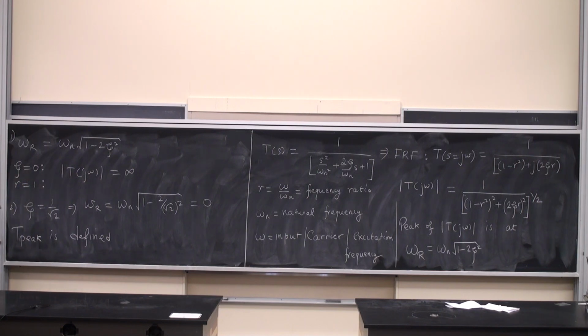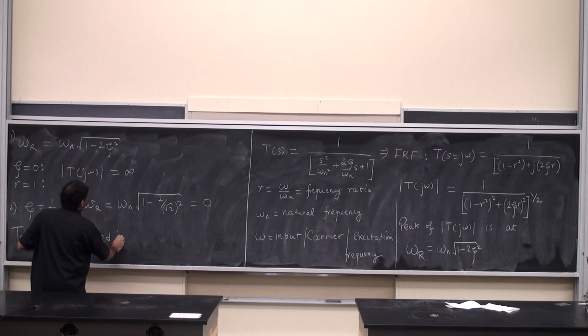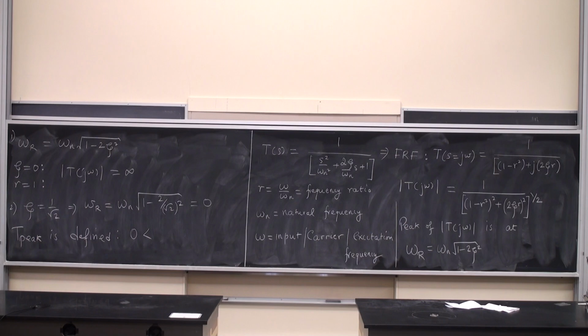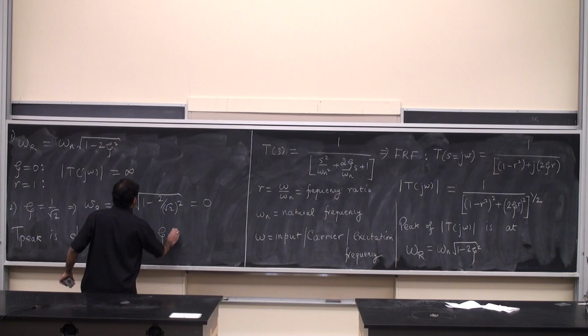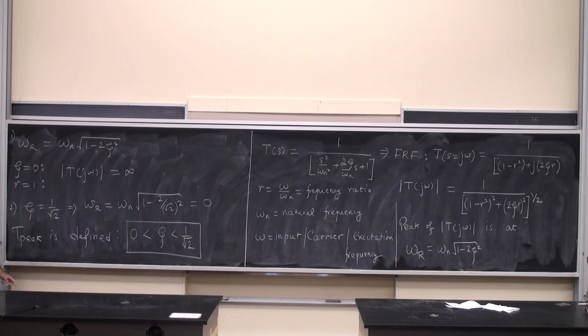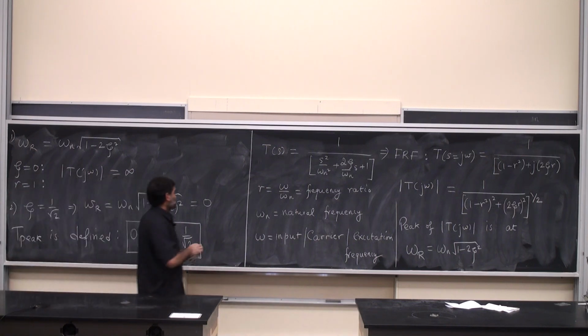So nobody wants zeta to be 0, and you cannot have zeta to be 0 because you cannot break the laws of thermodynamics. You can go past 1 by root 2, no harm done, but you will not see a peak in your curve. So between these two values is when you have the peak value of the system defined, and beyond this there is no peak. Okay?